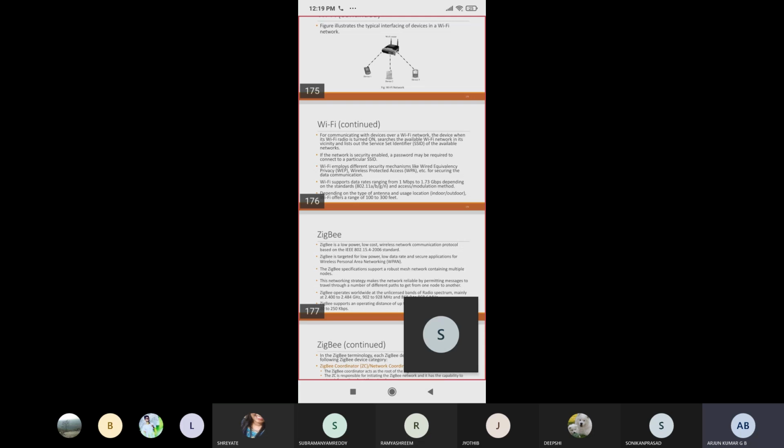Once you access the particular network, immediately that fellow is hacking your information through this wireless communication. That's why different security mechanisms are adopted in Wi-Fi.